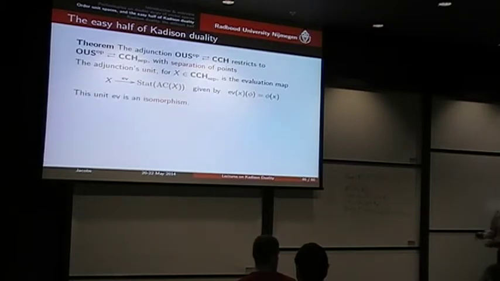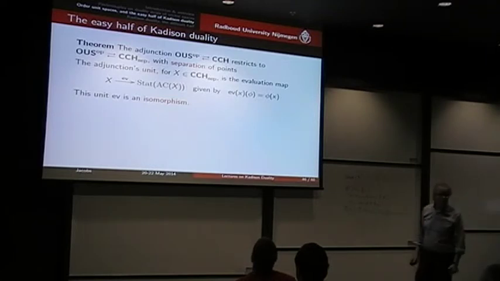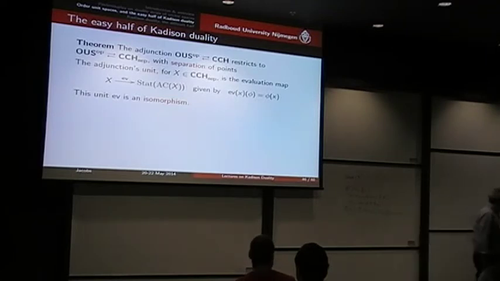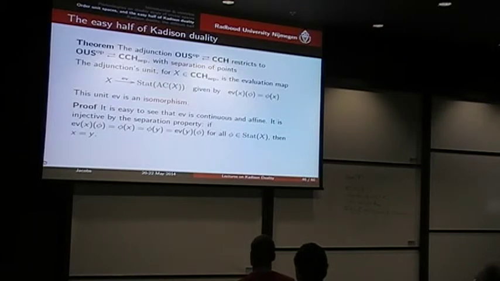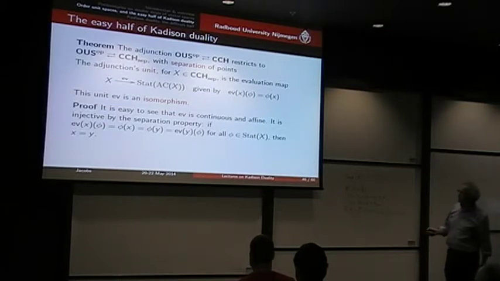And what I will do in the remainder of this talk, I don't think I need a full hour, is go through the proof, because it contains a nice argument which can be explained in one slide. So it's easy to see that this evaluation is continuous and affine, and it's injective precisely by this separation condition here.